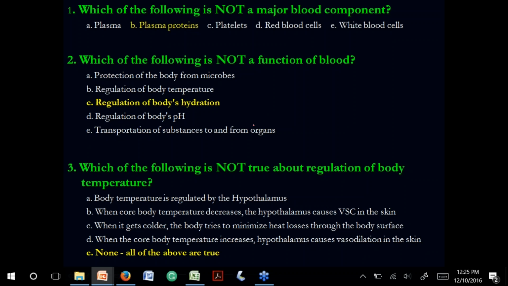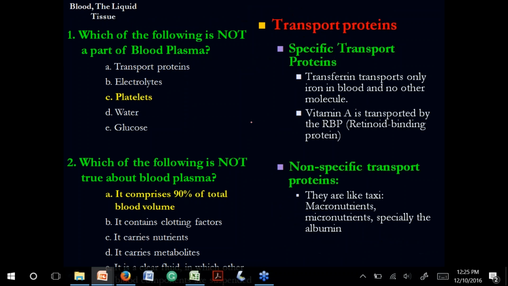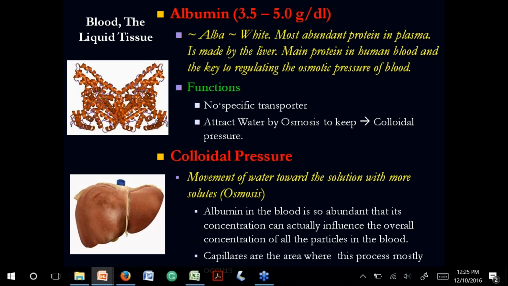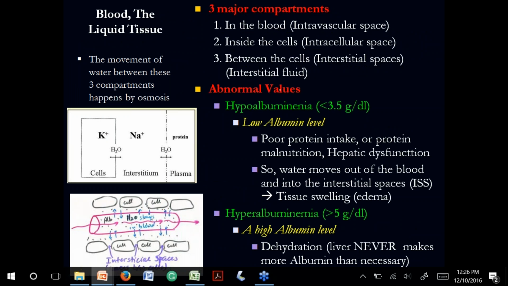All right. Okay, albumin, the value of albumin, please, 3.5 to 5. What is hypoalbuminemia? Low amount of albumin in blood. If you have a low amount of albumin in blood, there is nobody to retain the water, and the water starts to escape, and you start to have edemas.